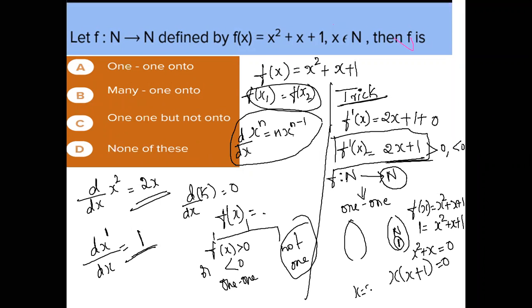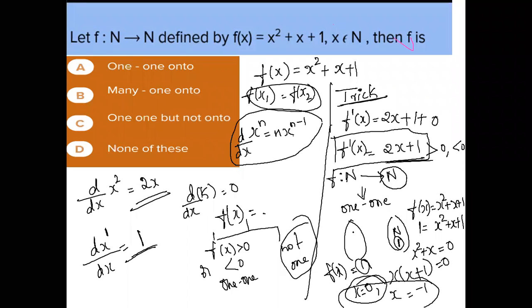So only if x is 0 or x is minus 1 is there a chance of f of x being 1.